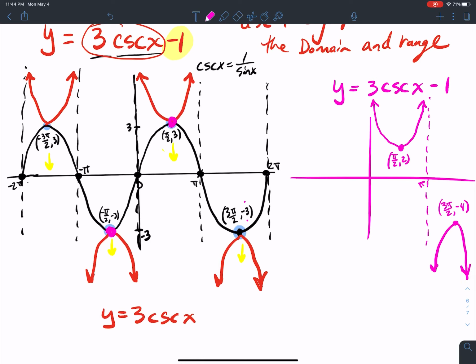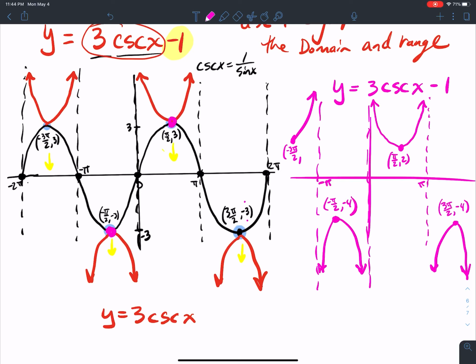Same thing over here: negative pi over 2 comma negative 4. My vertical asymptotes are at negative pi. And then this last one here, negative 3 pi over 2 to 2. Just like that. So we took each point and we shifted them down.